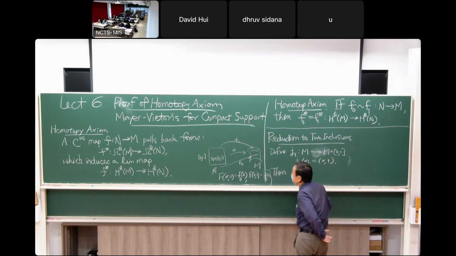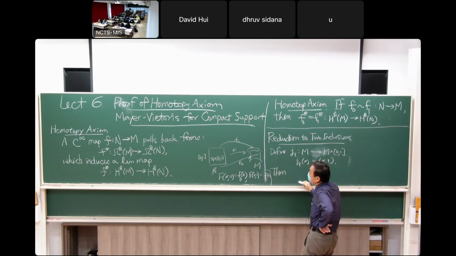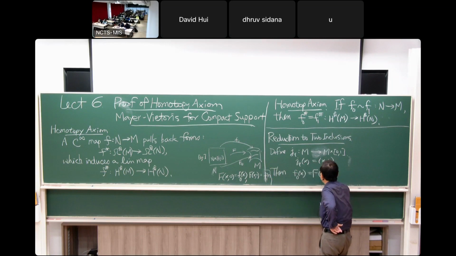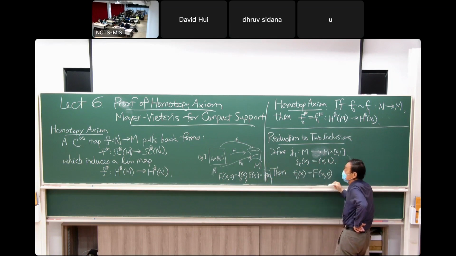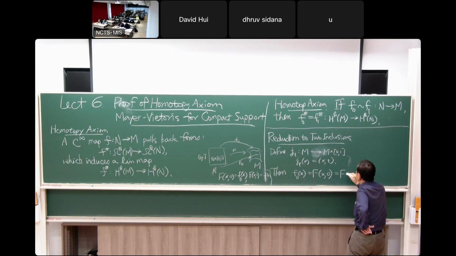So I can write F0 of x is F of (x, 0), and that's F of J0 of x.